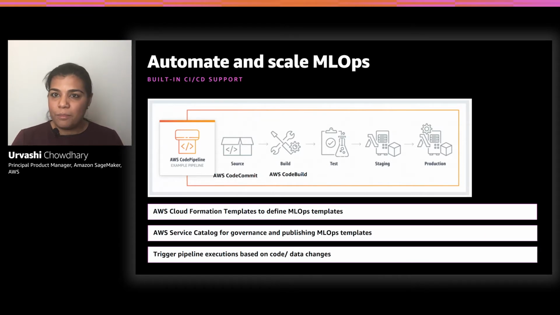You can also automate the execution of your CI/CD pipelines by triggering it based on code changes in the code repository or based on data changes. So when new data arrives in S3, or you could even schedule these changes based on scheduled events.